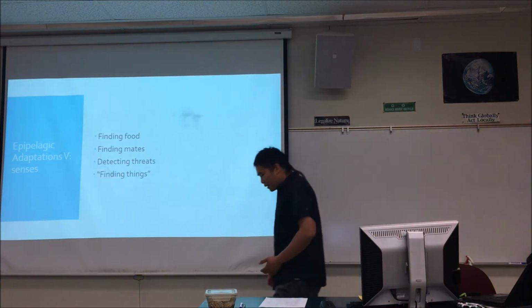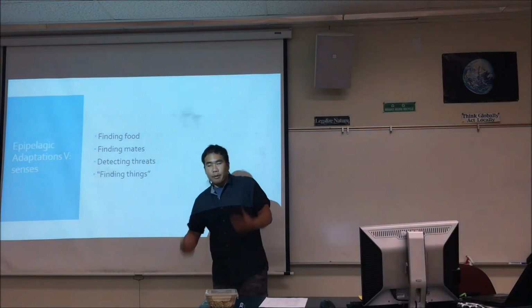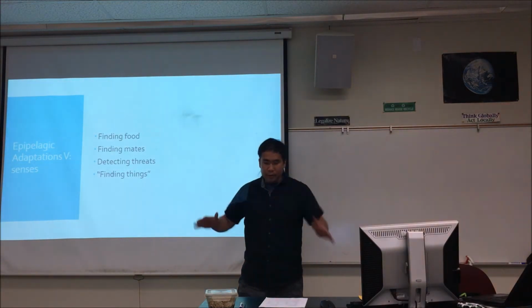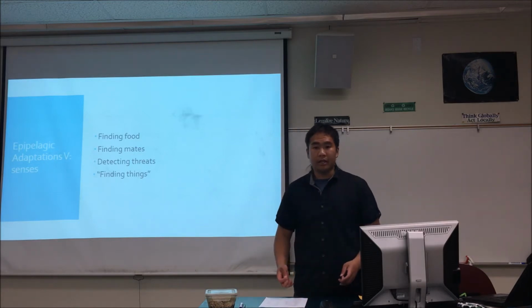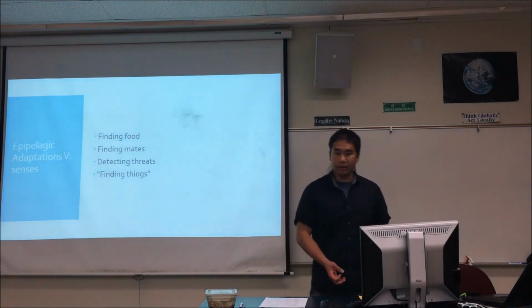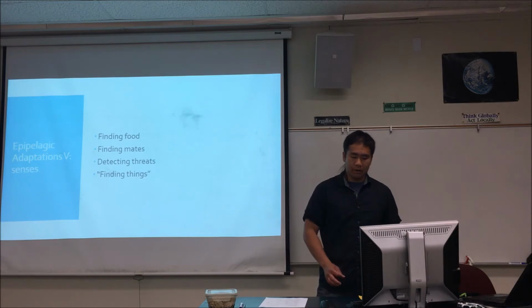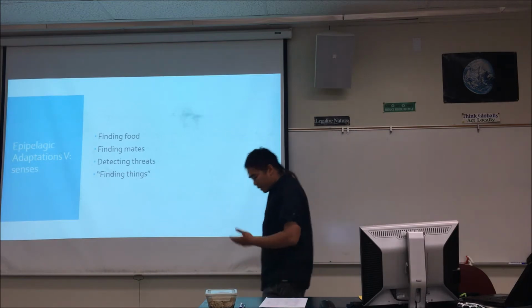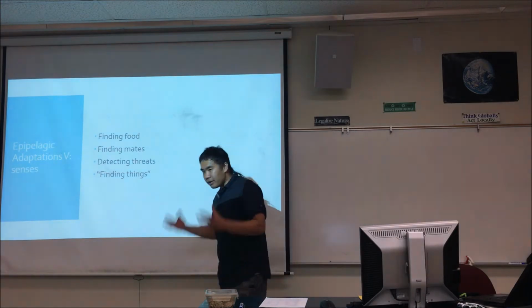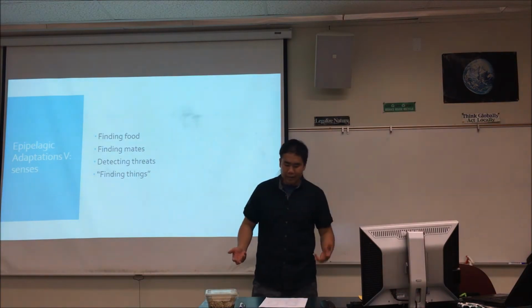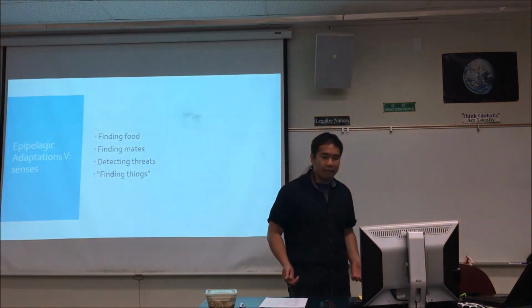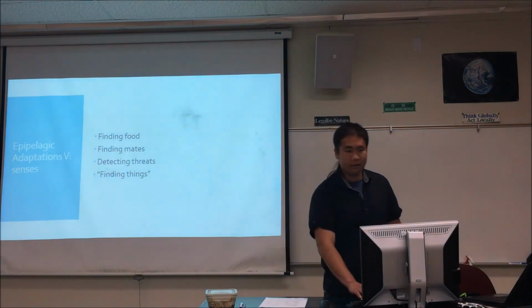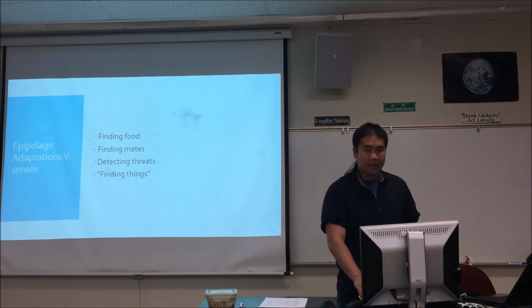So when you're trying to find something here in the Epipelagic, it is open space and the water's clear. Finding something is not too hard, since there's nothing for the organisms to hide under. It's just open, clear water. So what's a good sense for open, clear water? Considering that visibility is good, it would pay to have good eyesight. You might as well take advantage of the light available.